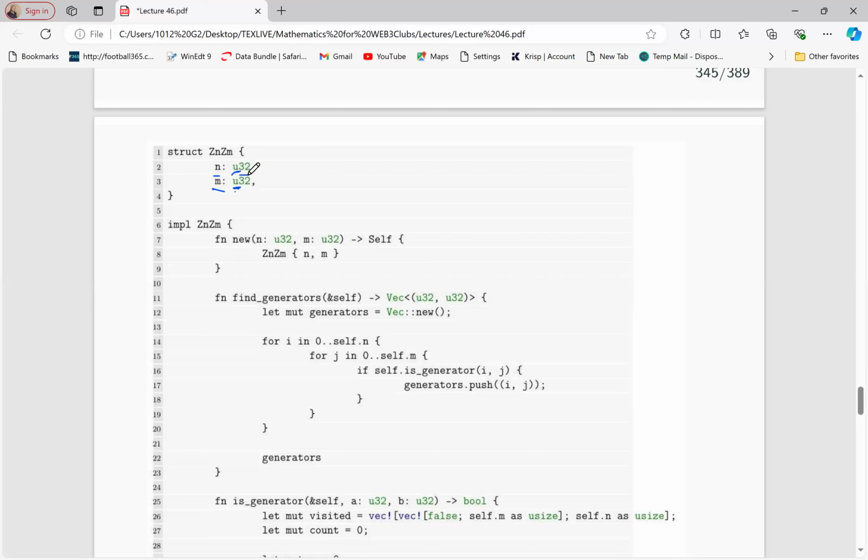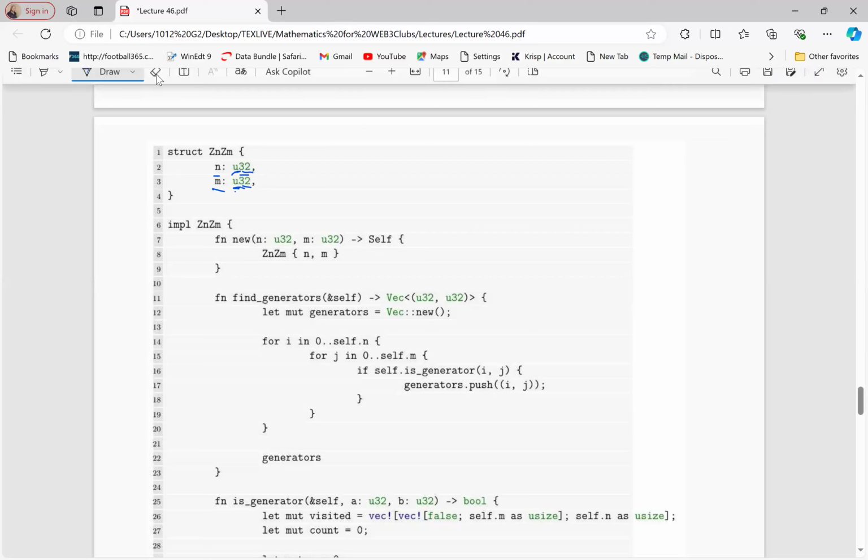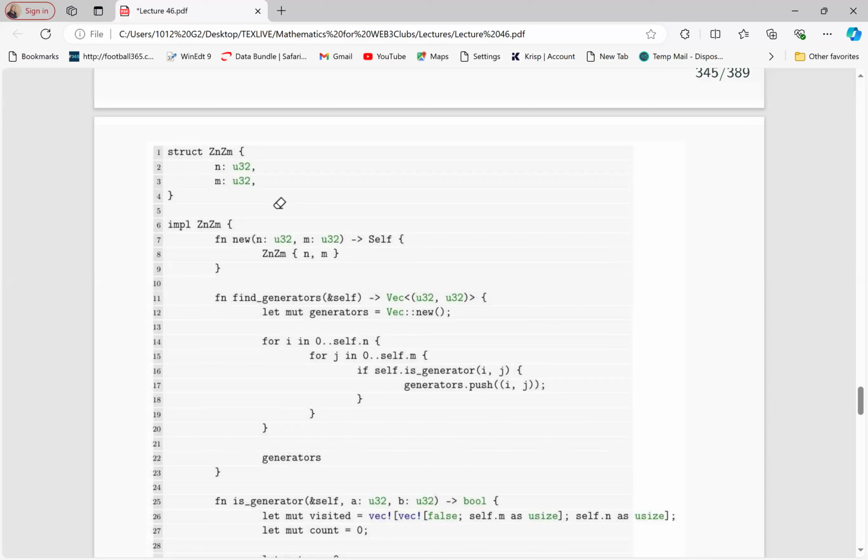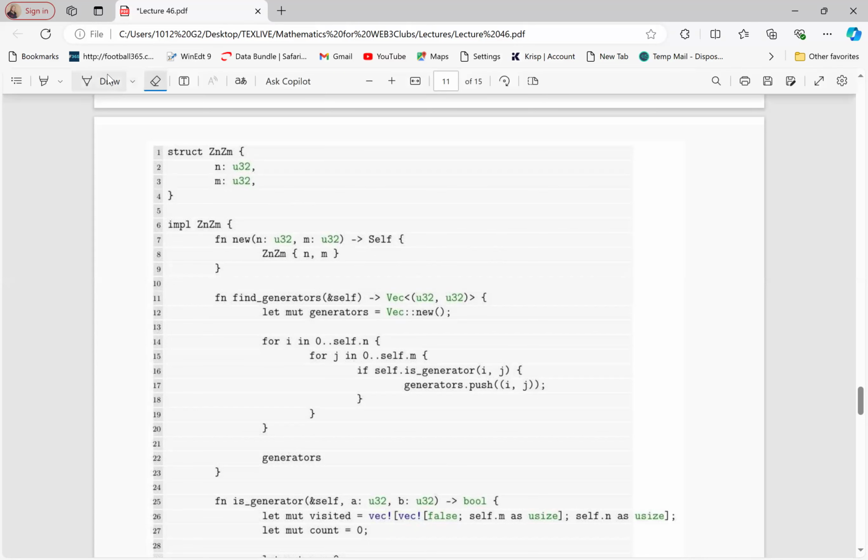And of course, you can increase this to 64 or 128 if you want to deal with bigger numbers. Wherever there's 32, change to 64, or if you want numbers bigger than 64 bits, you can change to 128. And if you want numbers bigger than 128 bits, you can change it to BigUint. So we can always do that.